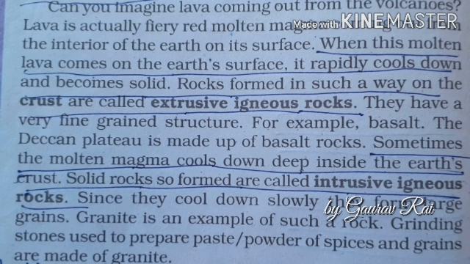And sometimes the molten magma cools down deep inside the Earth's crust. Solid rocks so formed are called intrusive igneous rocks.